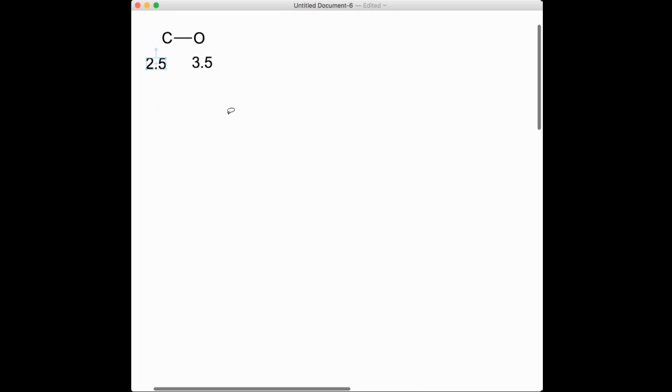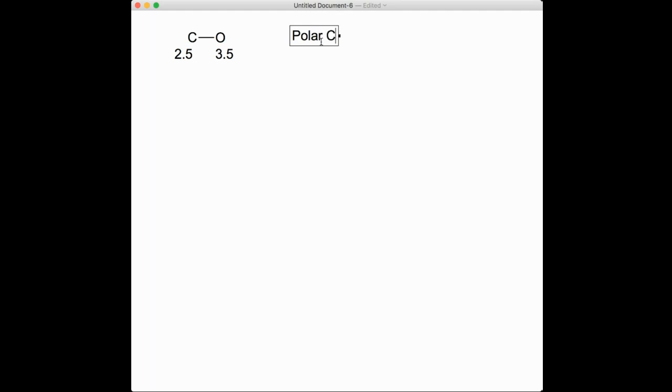Okay. So guys, here we have a bonding between carbon and oxygen. The electronegativity of carbon is 2.5. The electronegativity of oxygen is 3.5. So the difference in electronegativity here is 1, which actually means that we're talking about a polar covalent bond.